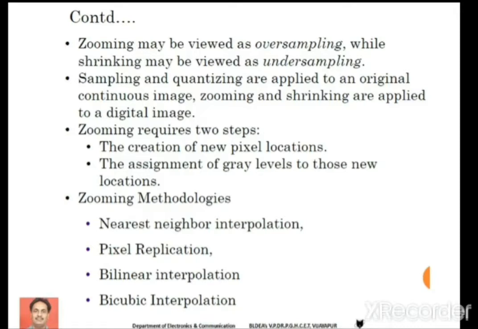To carry out the zooming process, we can go for two methods. One is called pixel replication, and the other is known as the interpolation technique.